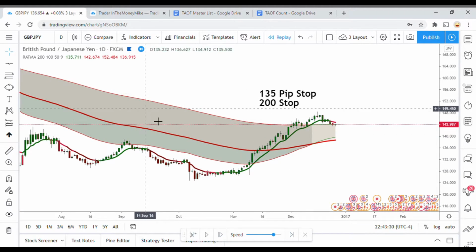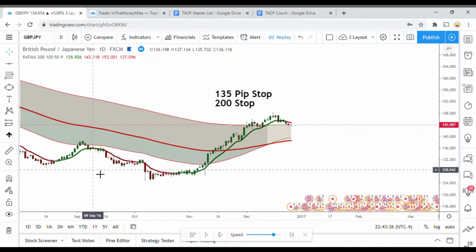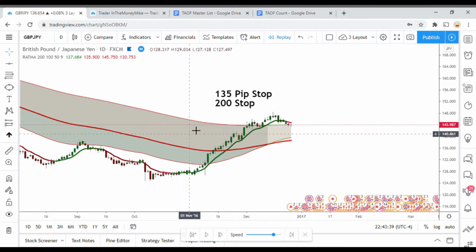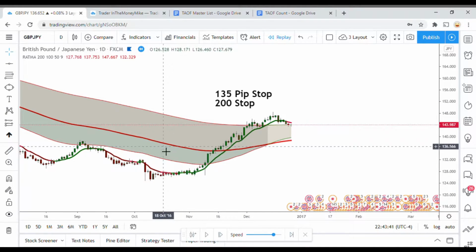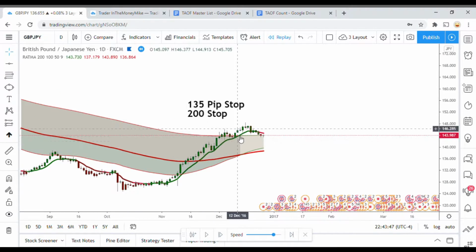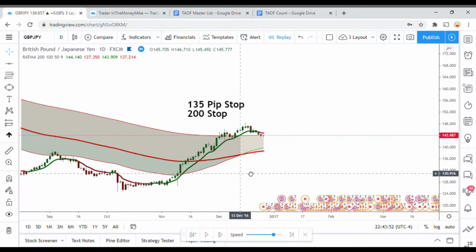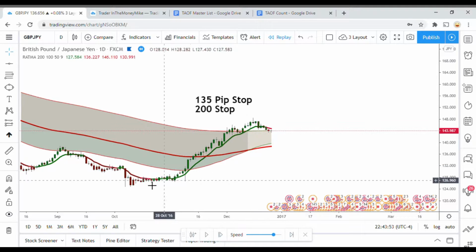And then we have the main body of it here. You could think of this as very similar to the Ichimoku trading system and the Ichimoku cloud specifically, which switches from red to green. That is similar to what this main body back here is doing.